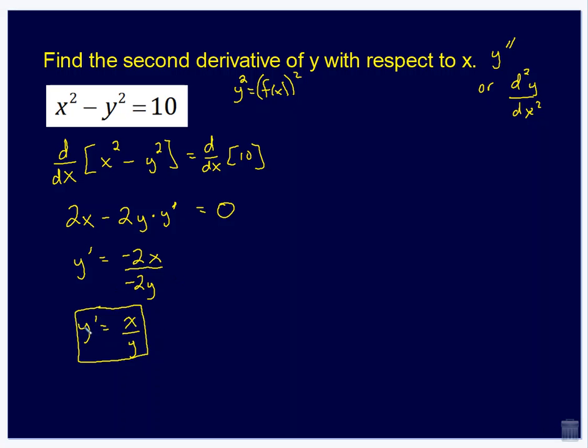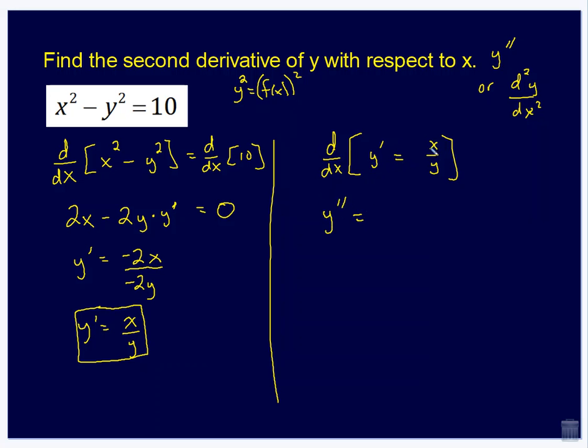And now the second derivative is always the derivative of the first derivative. So on this side, I'm going to be finding the derivative of the equation y prime equals x over y. On the left side, it's like saying what's the derivative of f prime? That would be f double prime. So this left side is simply the second derivative.